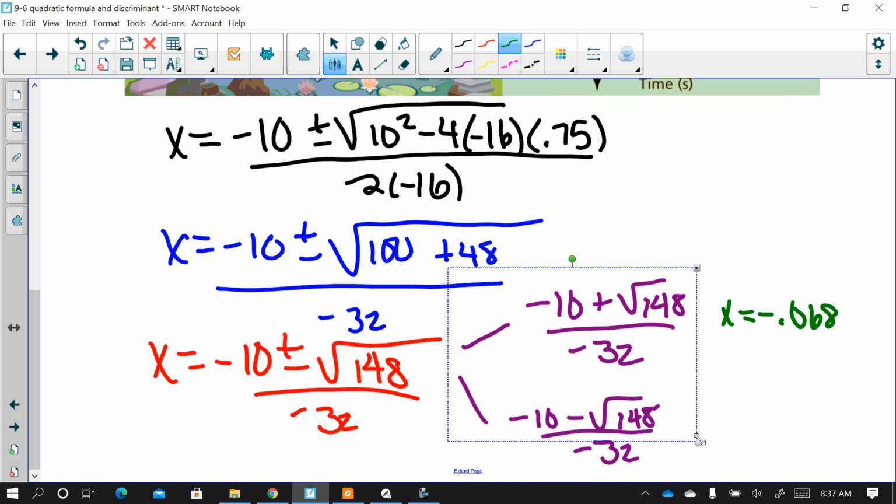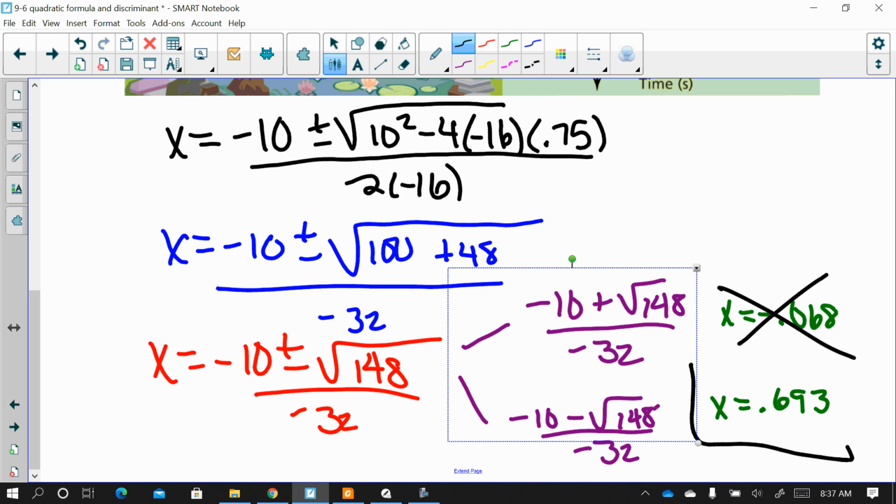I'm going to do negative 10 minus the square root of 148, hit enter, divide by negative 32. X equals 0.693. Okay, now we're talking about time. Can time be negative? No, it cannot. So we're going to throw this answer out, and we say the frog is in the air for about 0.7 of a second. Okay, so it's a quick little jump.